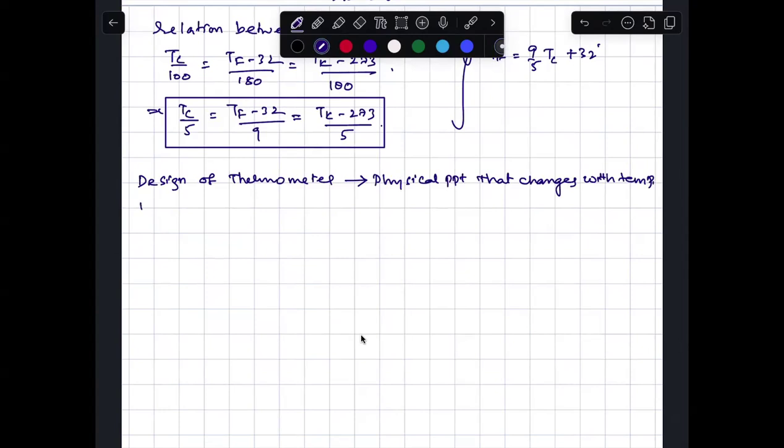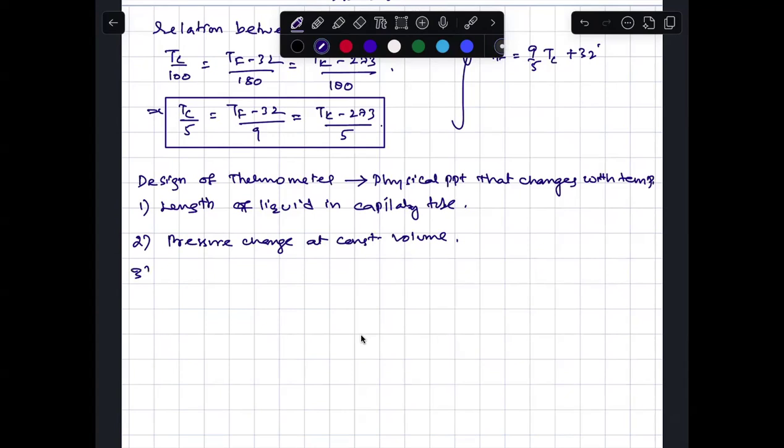For example, it can be the length of liquid in a capillary tube, your mercury thermometer; pressure change at constant volume; volume change at constant pressure; or the resistance of a platinum wire.